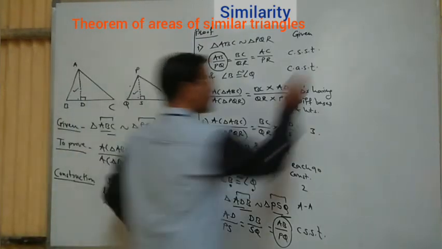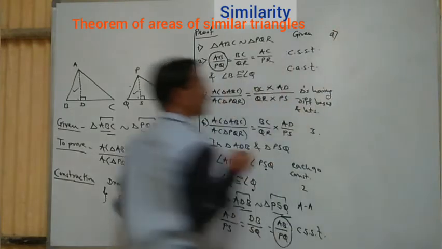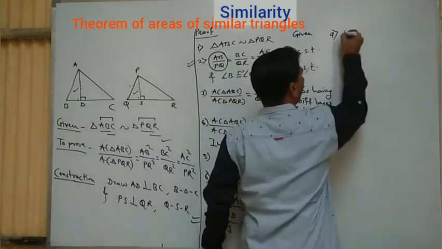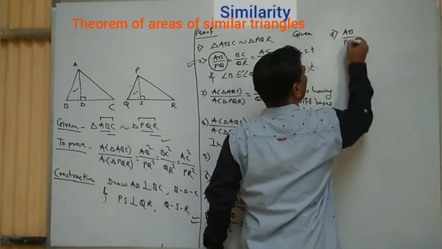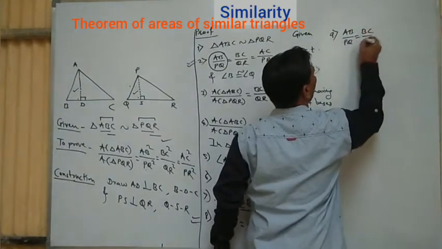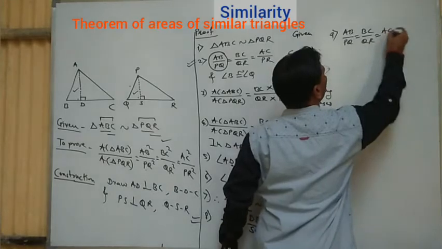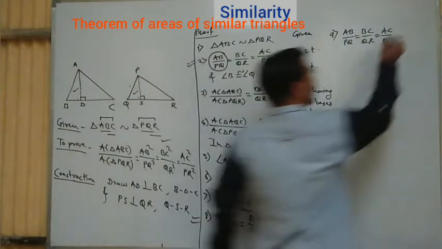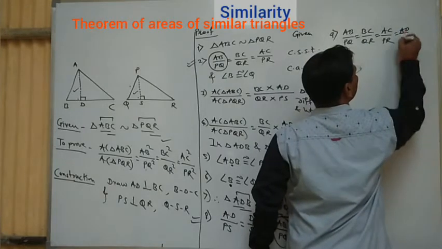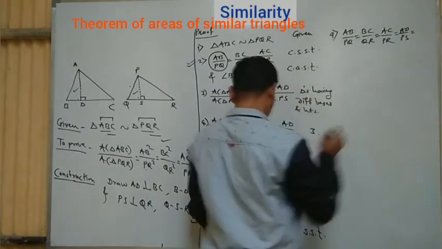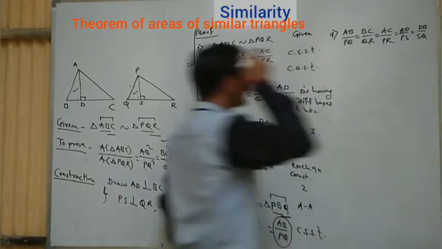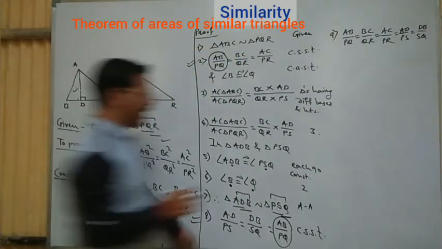See here, in the 9th step, what can you write? All these three together with these two. Means AB upon PQ, BC upon QR, AC upon PR. Now you write AD upon PS and DB upon SQ. This step is from 2 and 8.